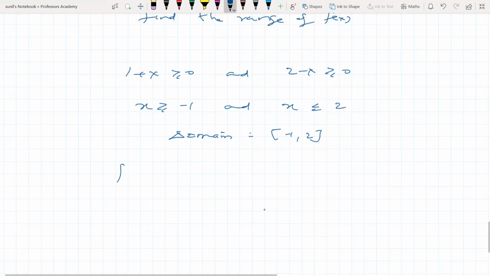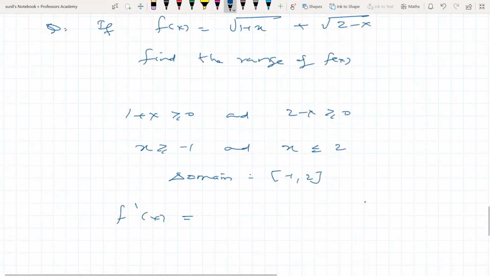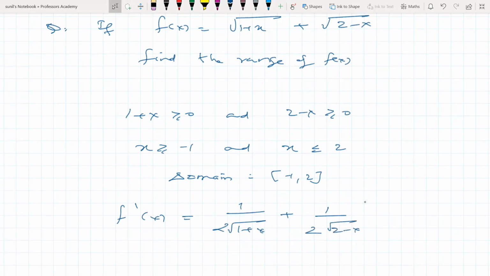Now we are looking for the derivative. The derivative comes out to be 1 by 2 root of 1 plus x, plus the derivative of root 2 minus x, which is minus 1 by 2 root of 2 minus x.